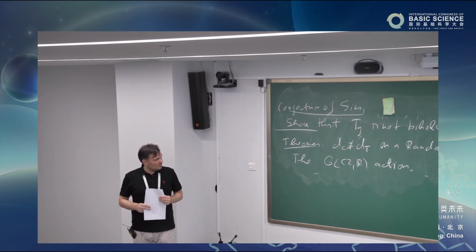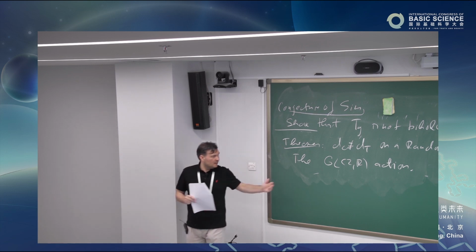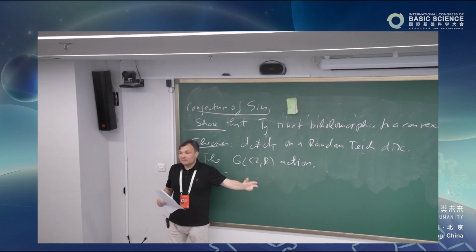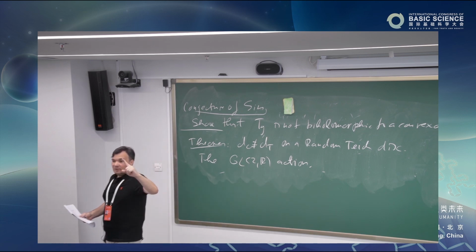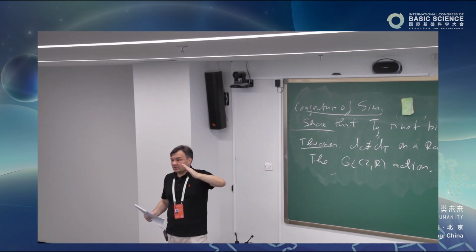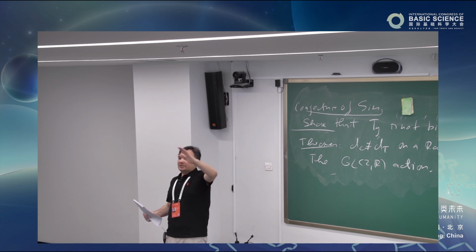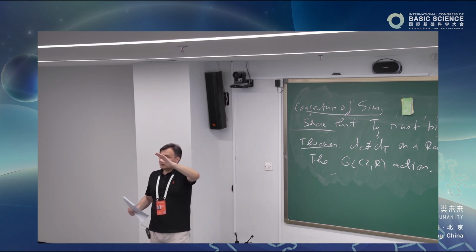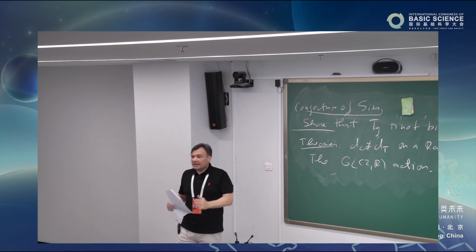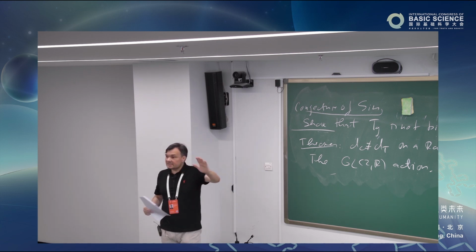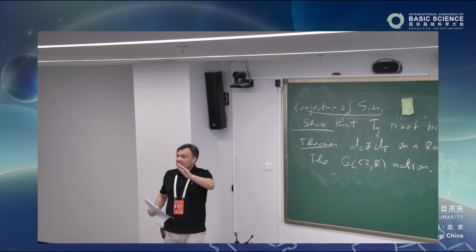So the bottom line is that this group acts not on the Teichmüller space, but on its cotangent bundle. So you take a tangent or cotangent vector, and then there is a GL2R orbit of this vector. And orbits are exactly these Teichmüller disks, but orbit closures are a different story.